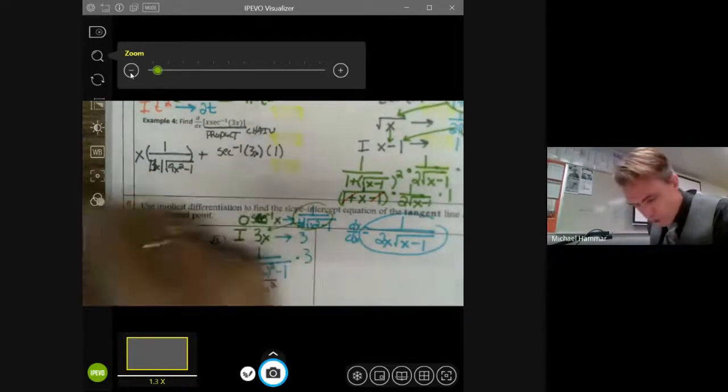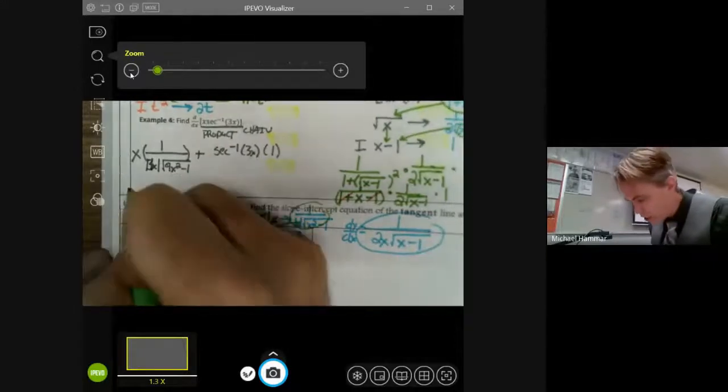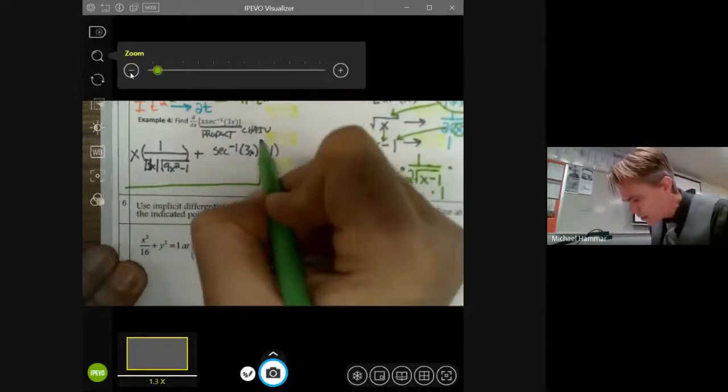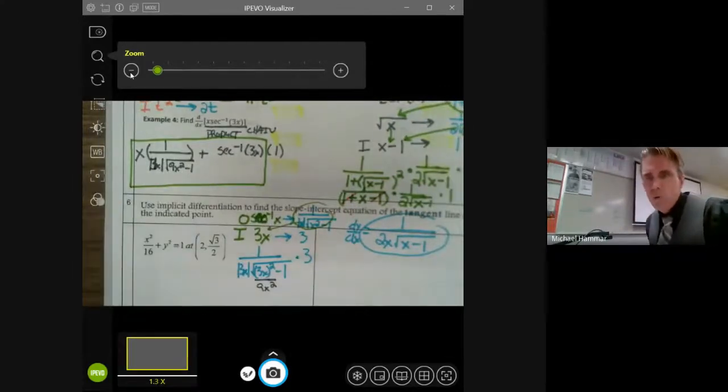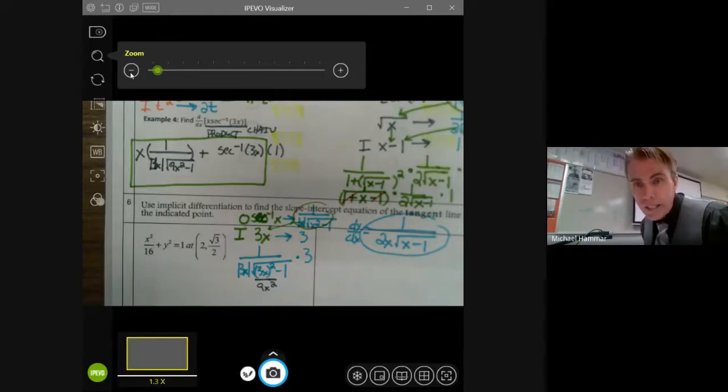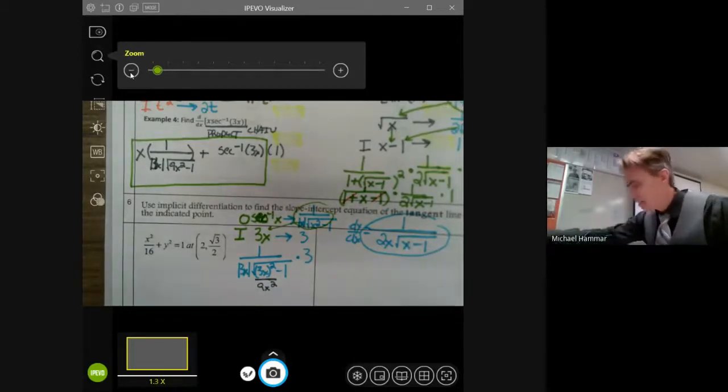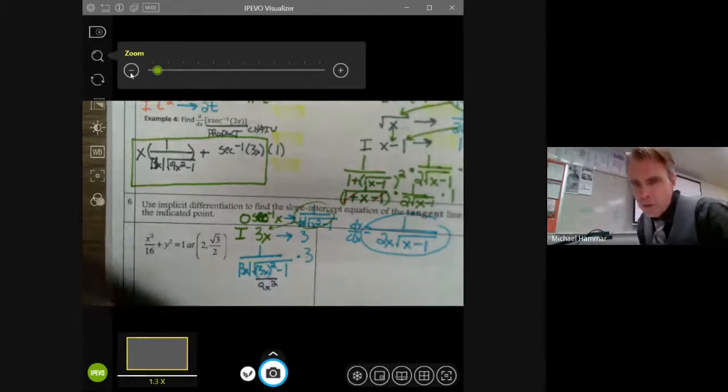So your final answer is right here. This is the derivative of that function. Notice I didn't box in the 1 because anything times 1 is itself, so we just leave it like that. I wouldn't even recommend trying to find a common denominator and adding these up, simply because I think this is how most of them will leave it.